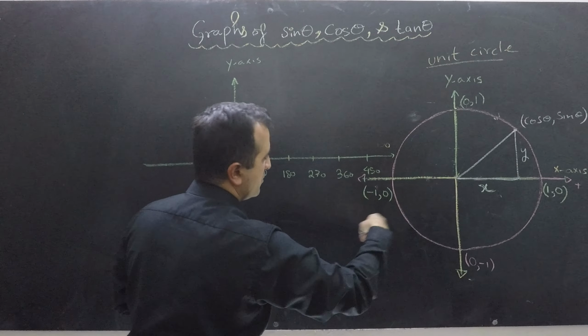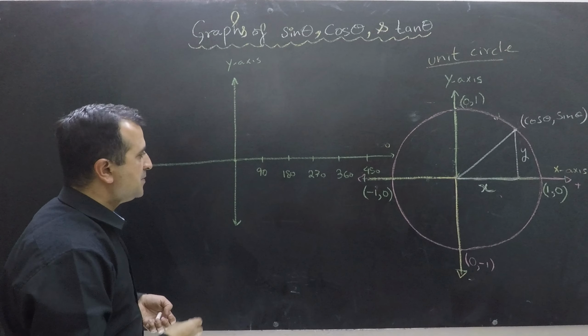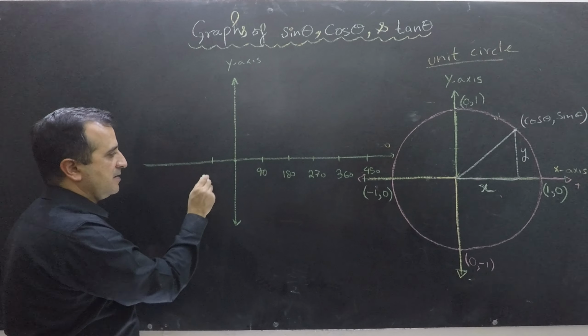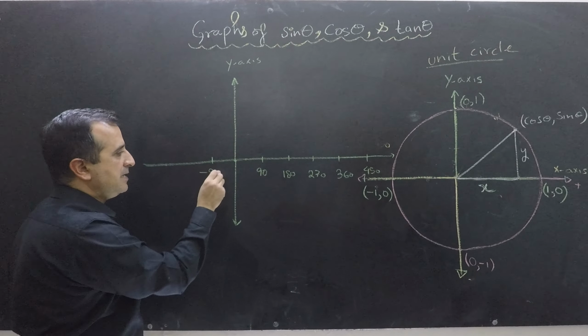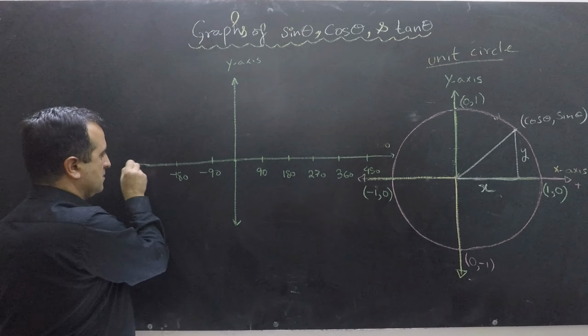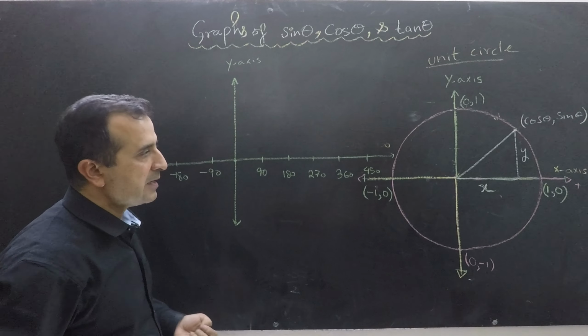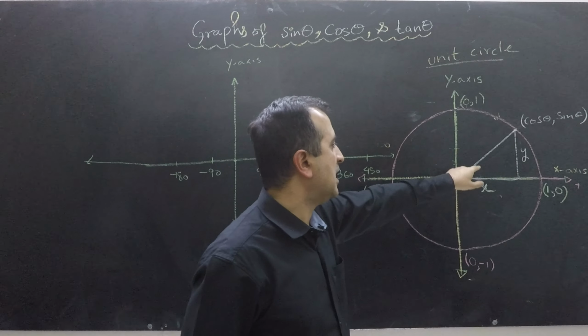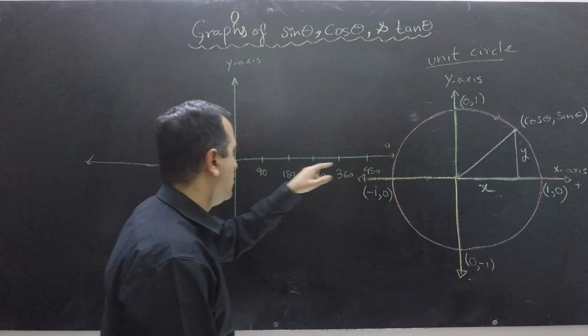We can continue forever. Similarly, on the left hand side we will have negative angles. So we have minus 90 degree, minus 180, and so on. And so we are able to plot our thetas along the horizontal line.